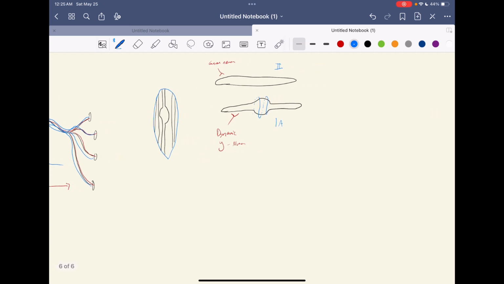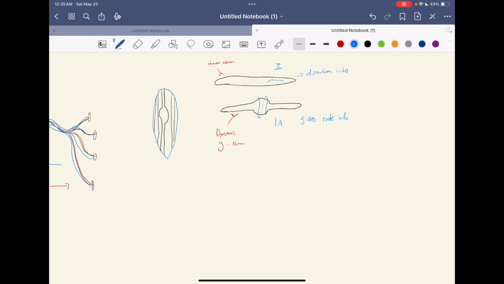So this gives rate information as the muscle is stretched for how much, and then this is for how long. It gives the duration information. And it's just got little fibers in there that are receptive to these things.